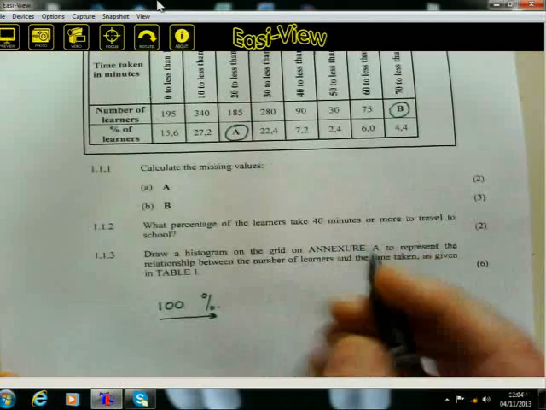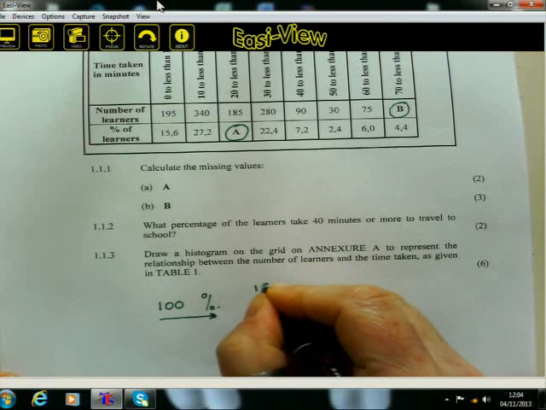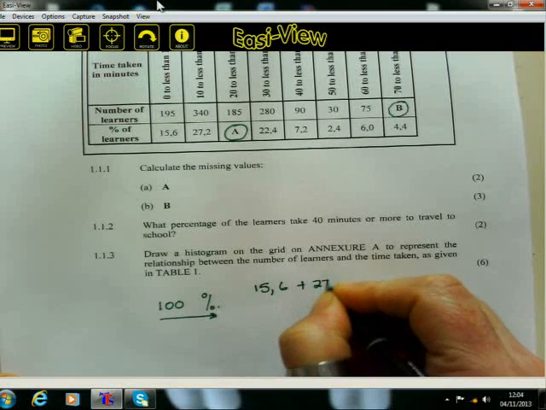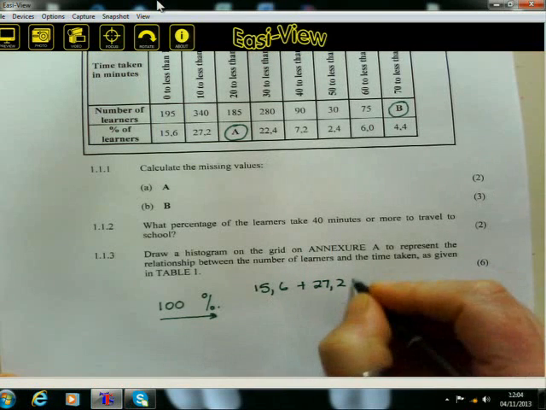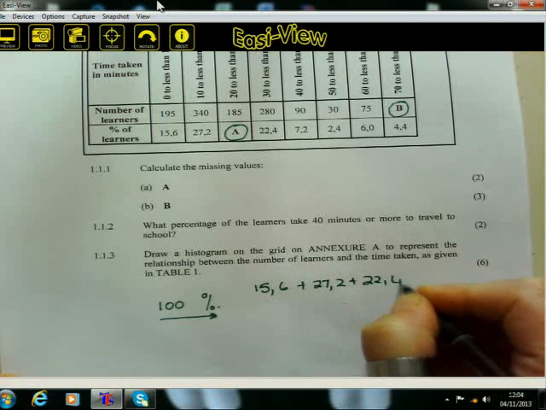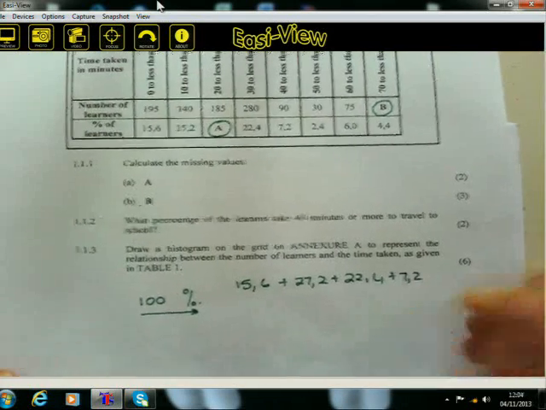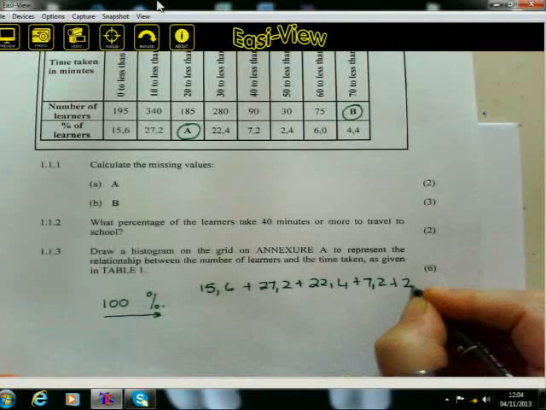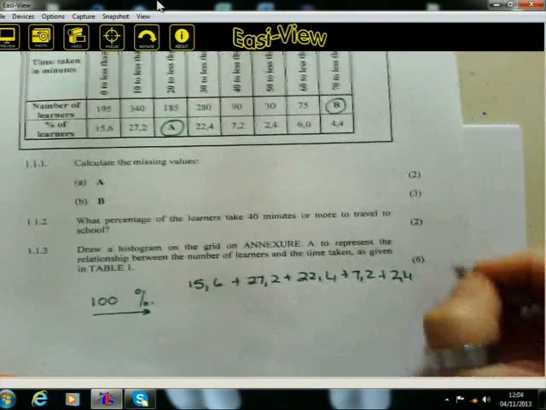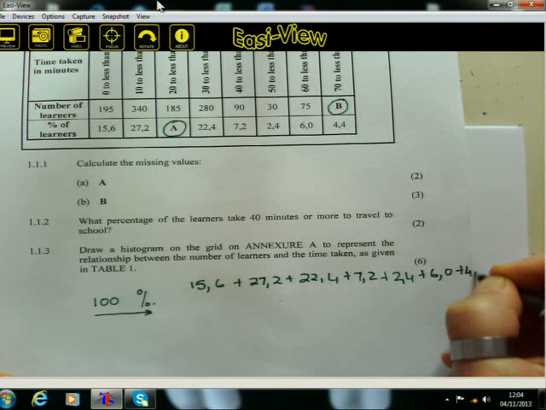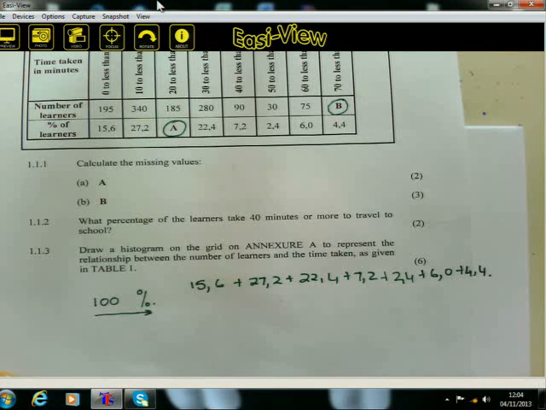So what you must do is simply add 15,6 plus 27,2 plus 22,4 plus 7,2 plus 2,4 plus 6,0 plus 4,4. You can do that on your calculator. Do that quickly and tell me what you get.